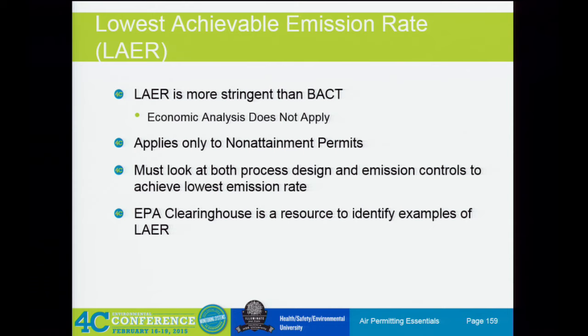That'll fall under your permit writer. They'll try to do the same type of research. You'll have to give them your research in terms of how you determined lowest achievable emission rates.